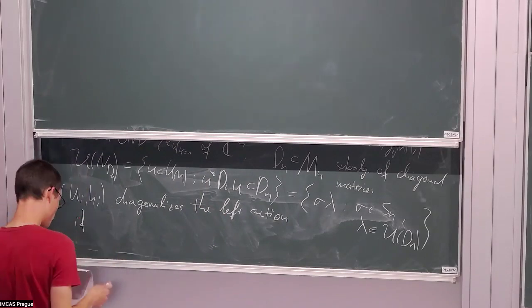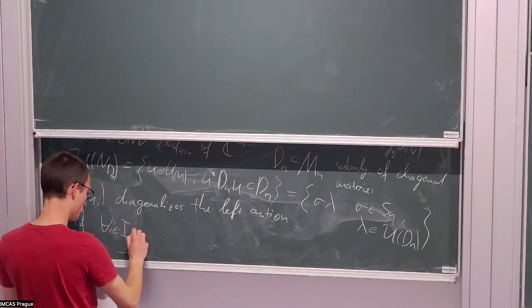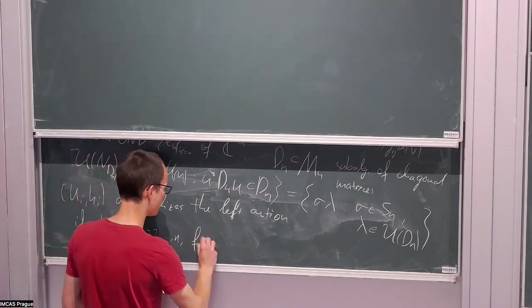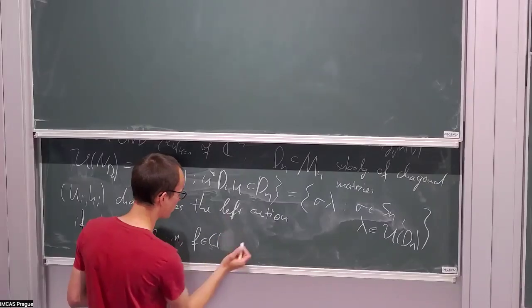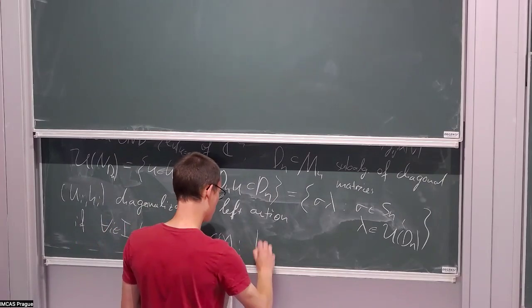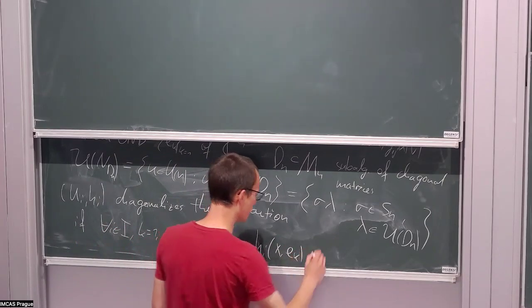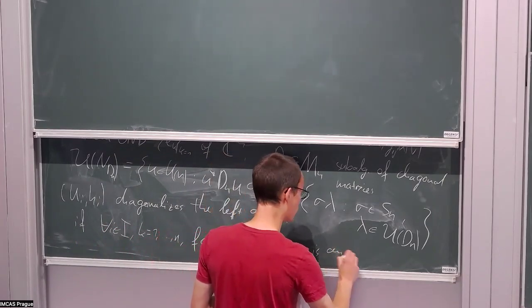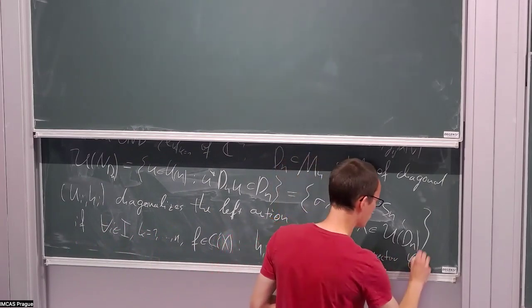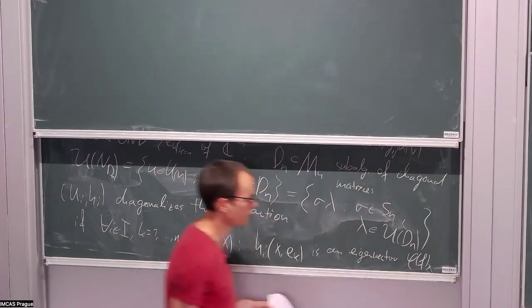if, for all i and for all k from 1 to n, and for all f in C(X), I want this guy, h_i(x) e_k, to be an eigenvector of phi(f), so the left action, acting in this fiber.